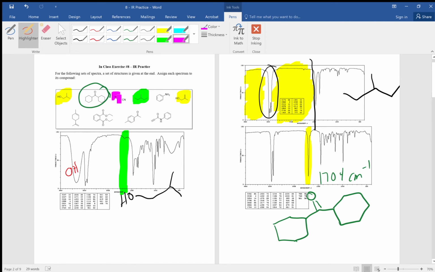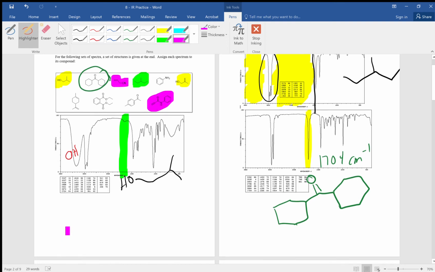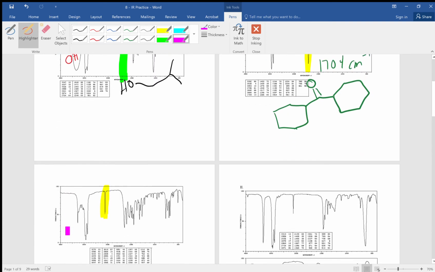So we have a nitrile here, and we also have a molecule that has an alkyne in it. But that alkyne, you'll notice, is terminal. And a terminal alkyne should give us a very strong peak here around 3300, which we don't have. Since we don't have it, we can be fairly certain that this is not the alkyne, and it is in fact the nitrile.